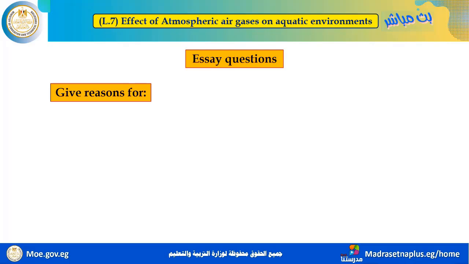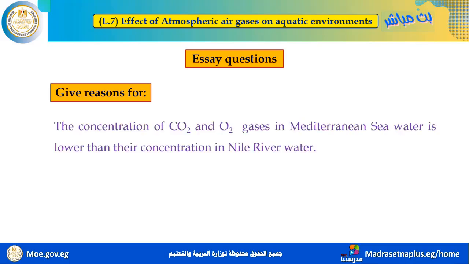And now, my dear student, let's go for the second type of essay question. Give reason for: the concentration of carbon dioxide and oxygen gases in Mediterranean Sea water is lower than their concentration in the Nile River water. Why?